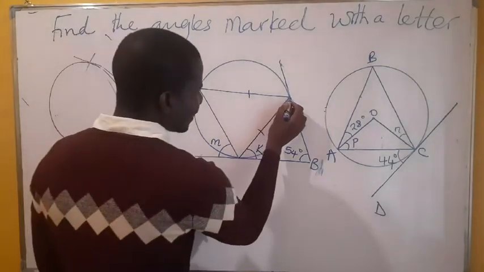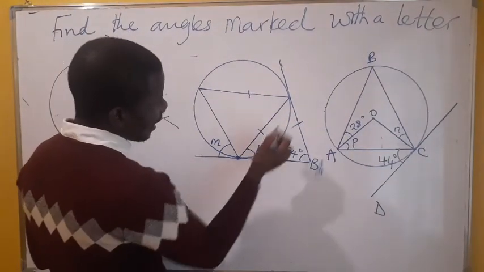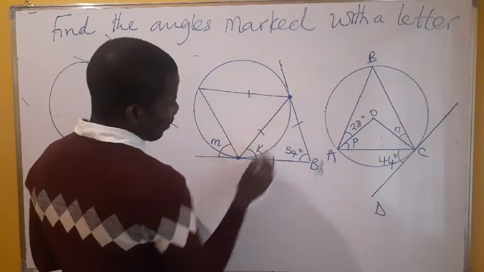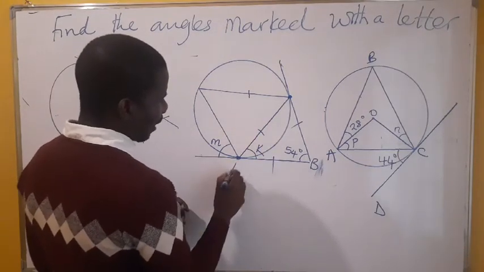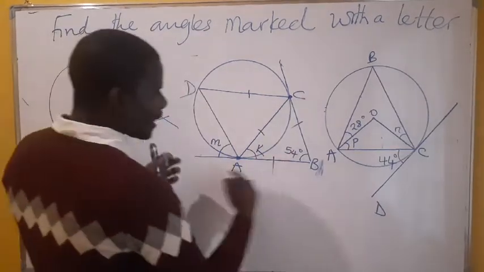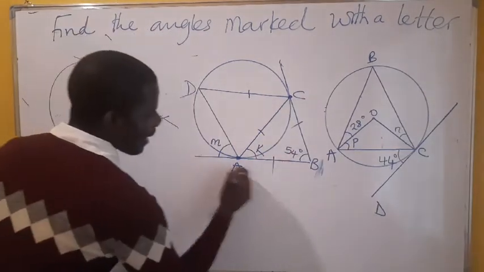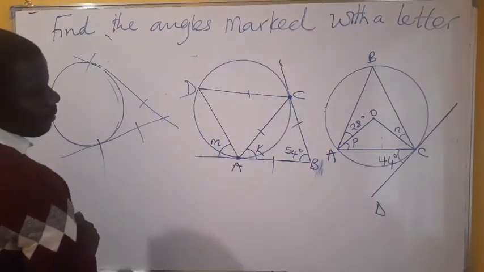Here we have a tangent. This is a tangent. So meaning the distance from this point, if we can say this is our A, our C, and our D. So what are we saying here? The distance AB is equal to the distance BC. Okay?